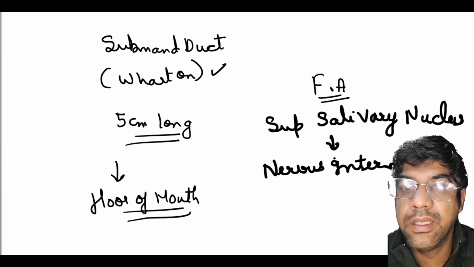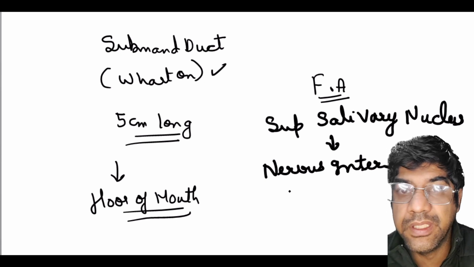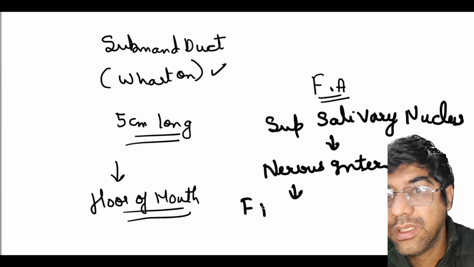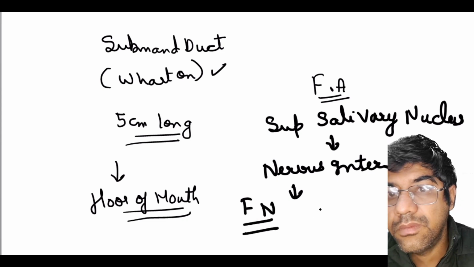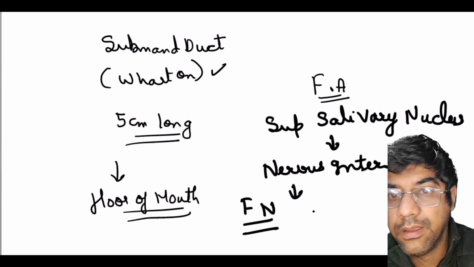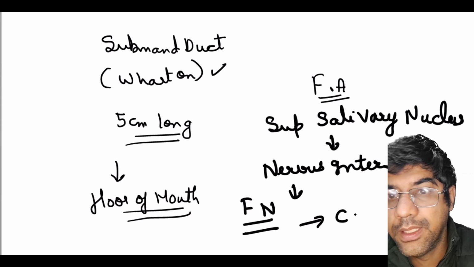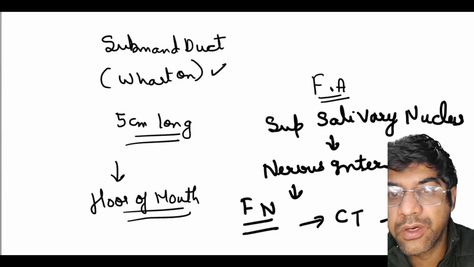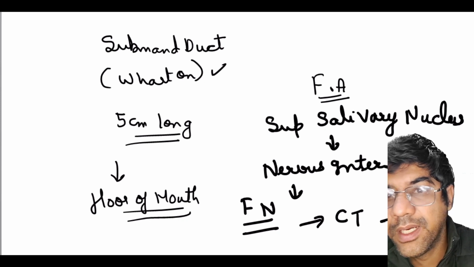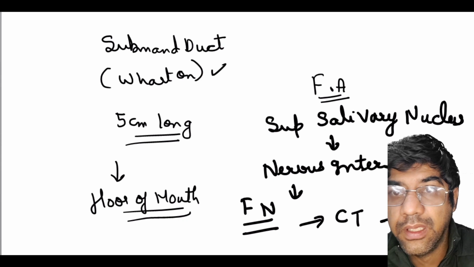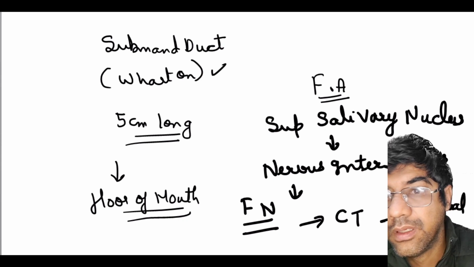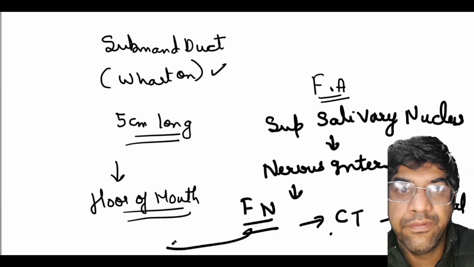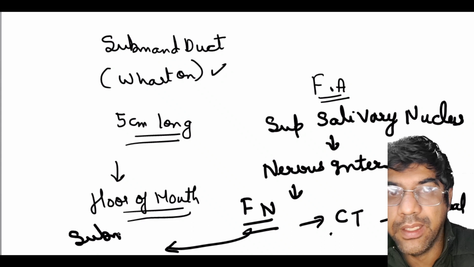So the intermediate nerve carrying the secretomotor fibers is the facial nerve. It then moves to the chorda tympani. The branches of the facial nerve carry the secretomotor fibers. The chorda tympani joins the lingual nerve, and the location for relay is the submandibular ganglion.